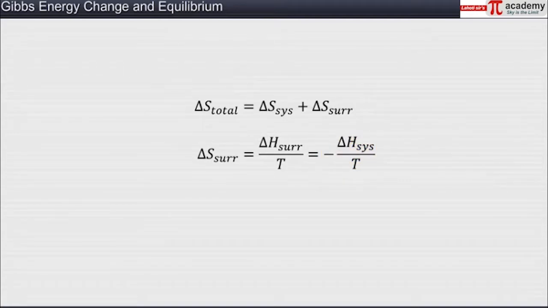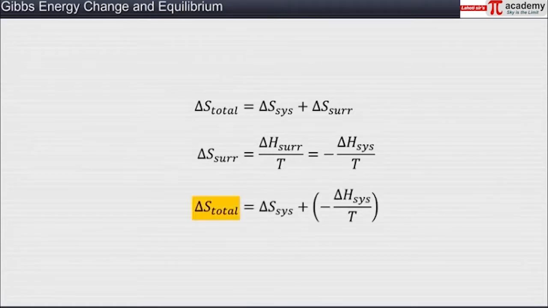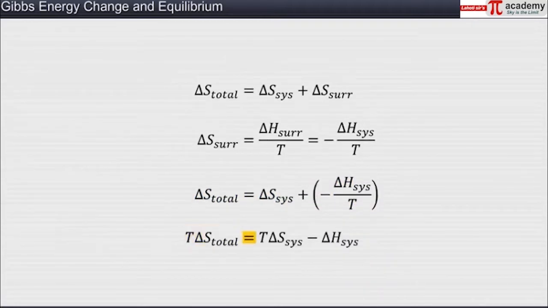On substituting the value of delta S surroundings, we get delta S total equals entropy change of system, delta S system, plus minus enthalpy change of system, delta H system divided by temperature T. On multiplying both sides with T, we get T delta S total equals T delta S system minus delta H system.